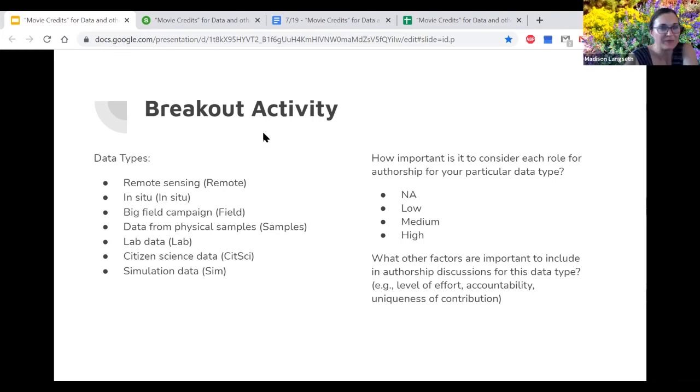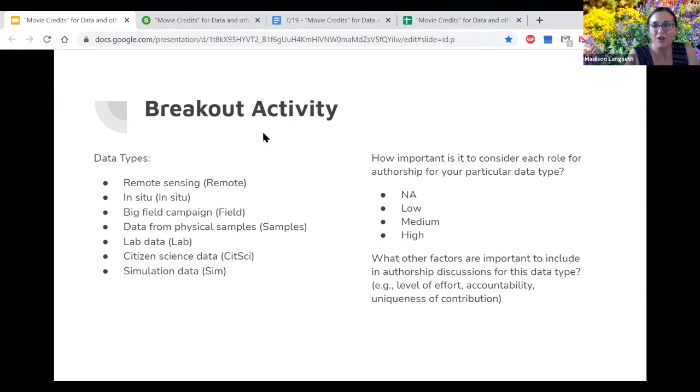Thanks, Mark. Then we have data from physical samples. There could be a little bit of overlap among these groups, so just keep that in mind. They're not nice, tidy little bins. But you go out and you collect physical samples and then derive some data from those physical samples. Laboratory data, so you're working in a lab and analyzing samples, so the data that's coming out of that lab.